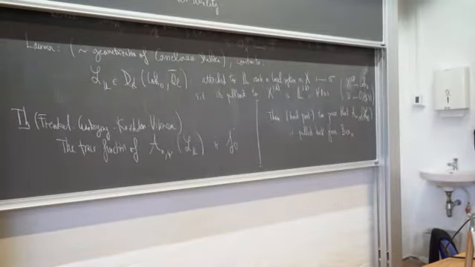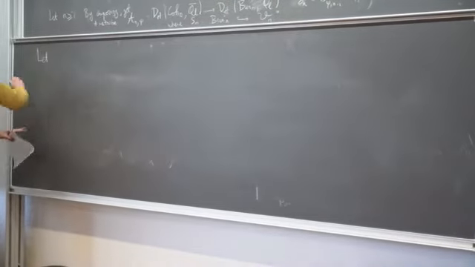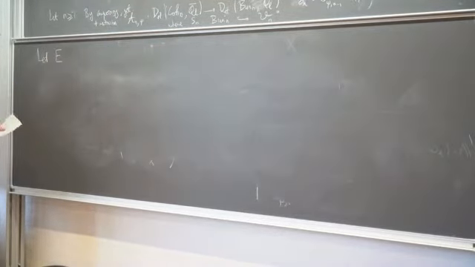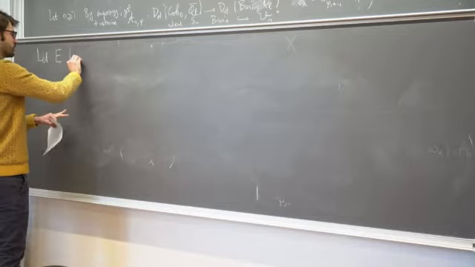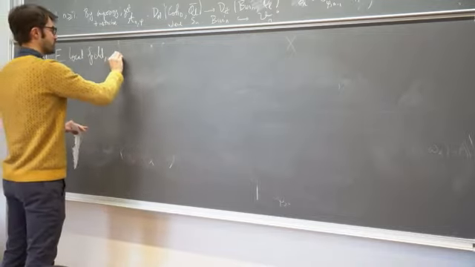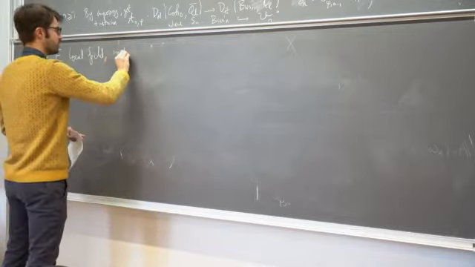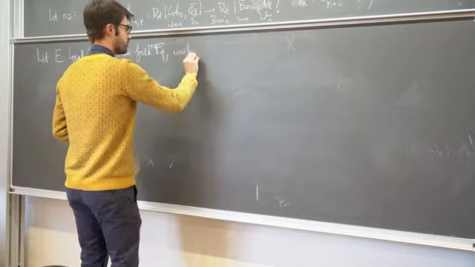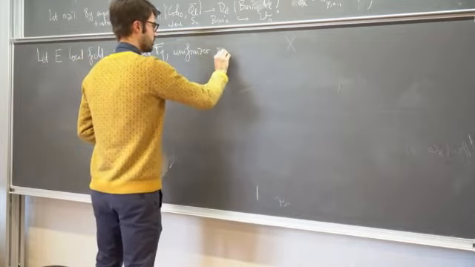Good. Okay, so now let me go back to the setting of the last lecture. So again, we call E a field, with residue field F_q and uniformizer fixed by phi.